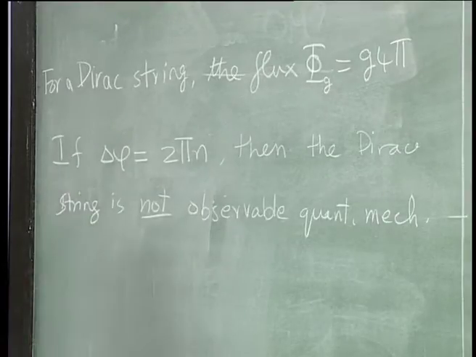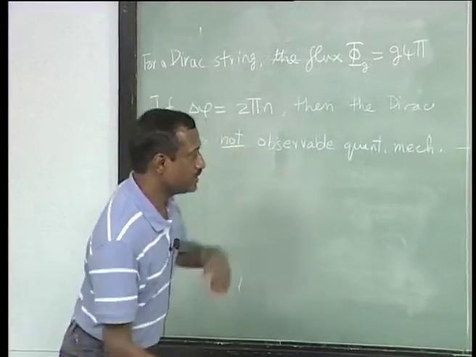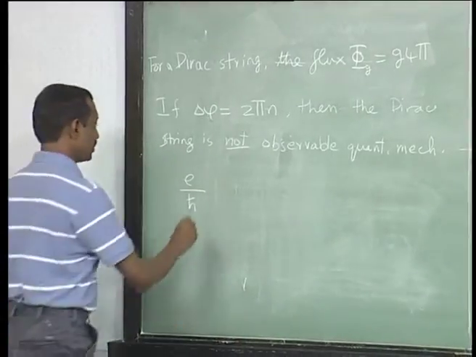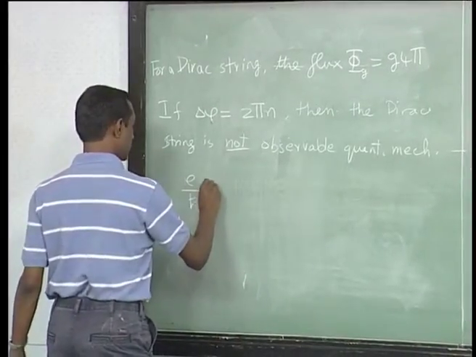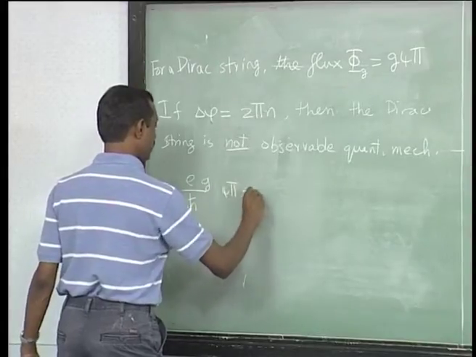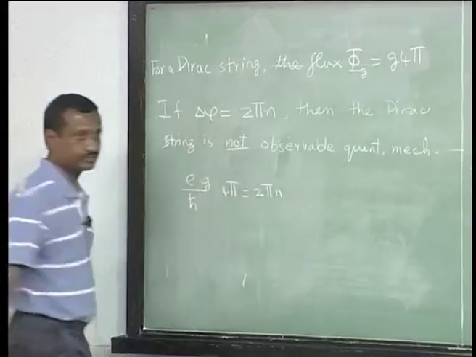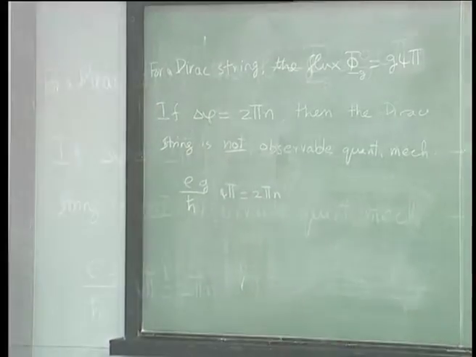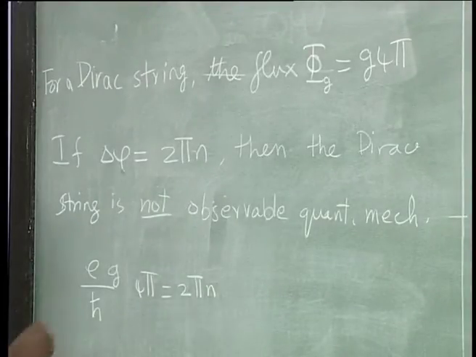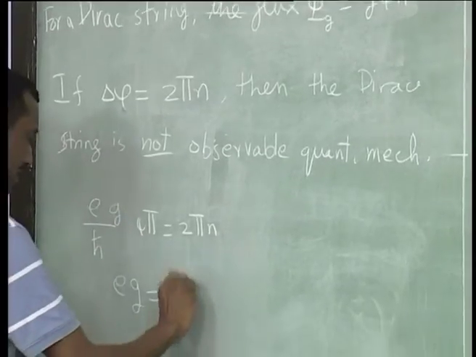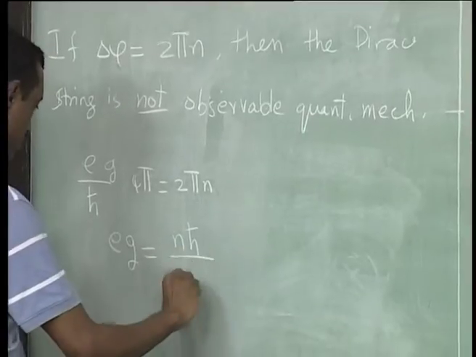We know the flux, so delta phi is E by h bar into phi, which would be G into 4 pi, should be equal to 2 pi times any integer. So what that implies is that E g equals n h bar by 2.